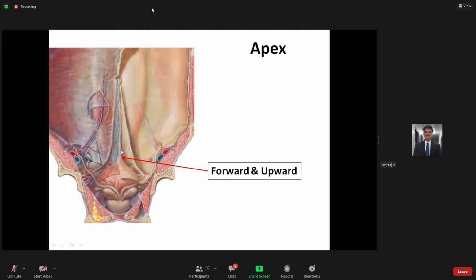Basically the direction of the apex is forward and upward, and it is held by the median umbilical ligament, which you can see running forward. This median umbilical ligament is nothing but the remnant of the urachus. So the apex is directed forward and upward.